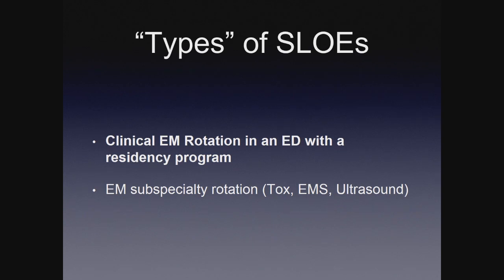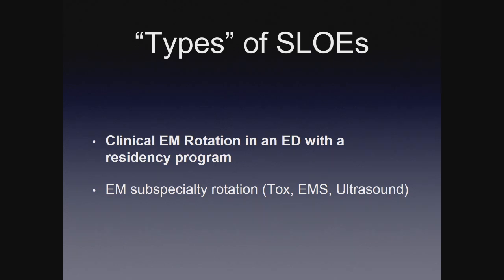But what has changed in the past couple years is that there are different kinds of SLOEs, all right? When we think of the prototypical letter, there is a SLOE by program staff, clerkship directors, and a place with an ED residency based on your rotation.